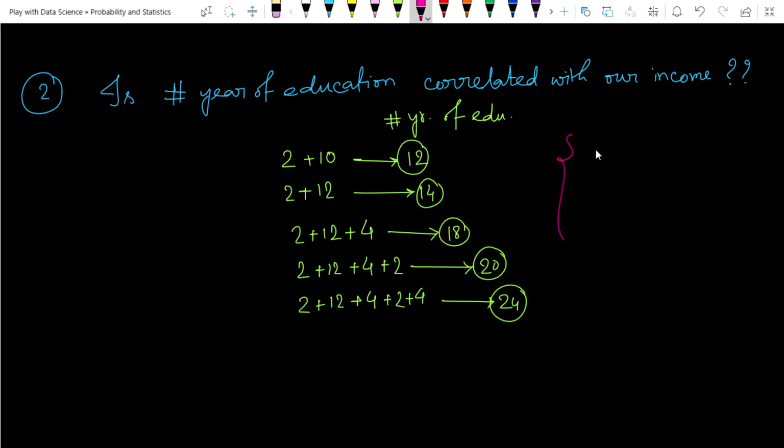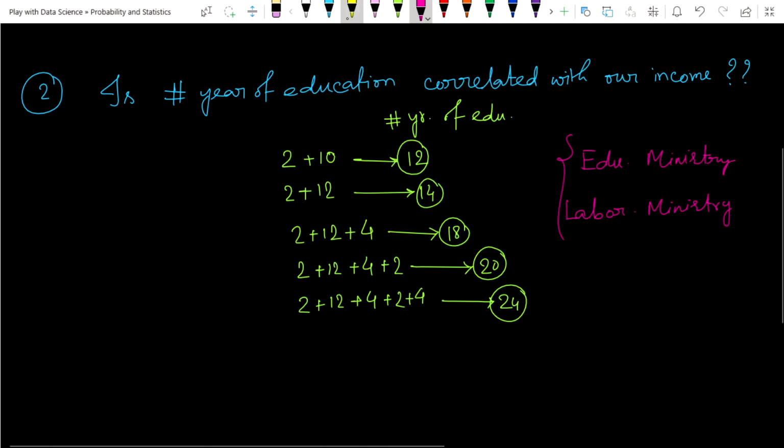If you are doing a job in the education ministry or labor ministry, then these kinds of relationships you have to know to give some information about our populations: how educated our populations are, and how much income our populations have. So in such situations, these kinds of relations are really applicable.